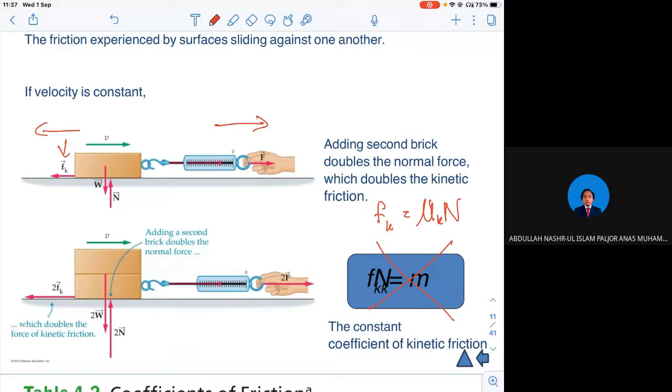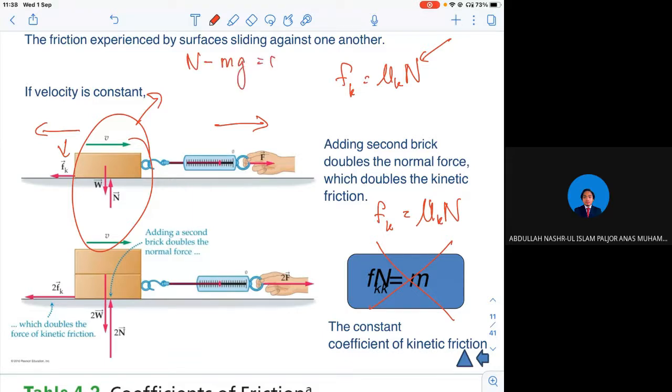According to the equation, Fk equals mu k times n. What is n? According to our situation, n minus mg equals 0. So n is equivalent to mg.